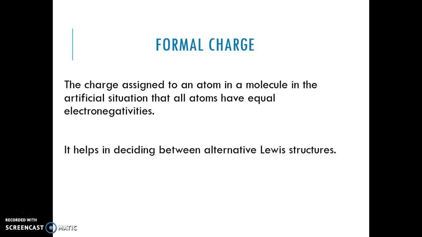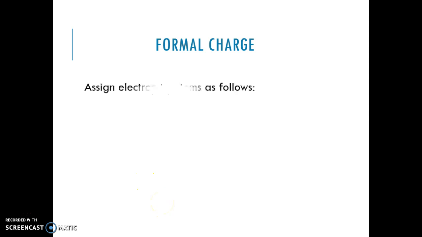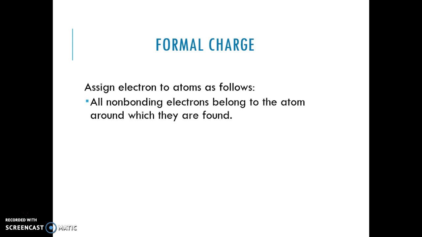This is going to help us decide between possible Lewis structures. If you're not sure and there's a couple choices, it's what's going to help us. So to assign formal charges, we are going to follow these rules. All non-bonding electrons belong to the atom which they are around, which makes sense.